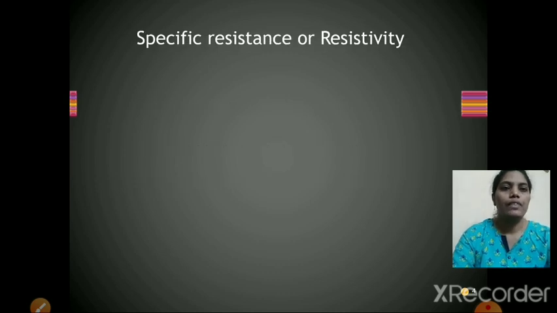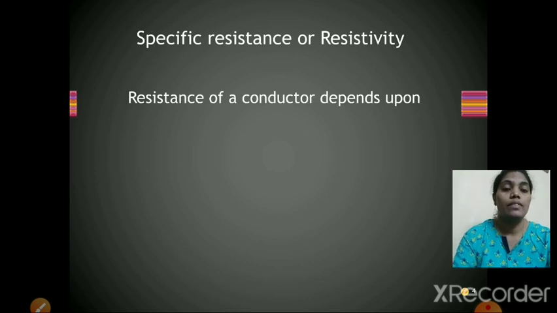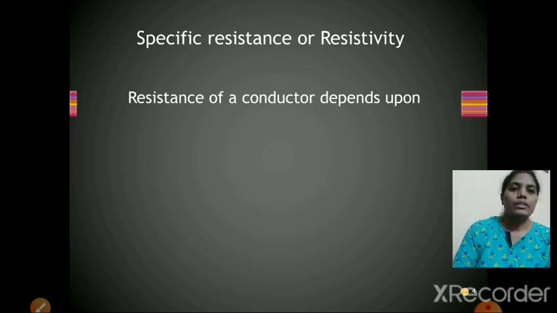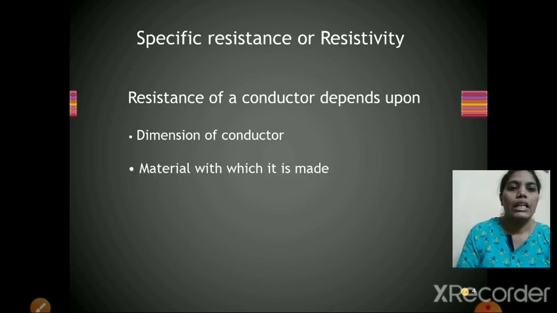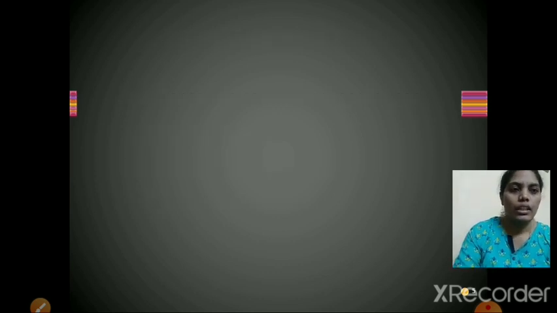Now, what is specific resistance, which is also known as resistivity? To understand specific resistance or resistivity, the resistance of a conductor depends upon the dimension of the conductor and the material with which it is made, and also it depends on the temperature of the conductor.